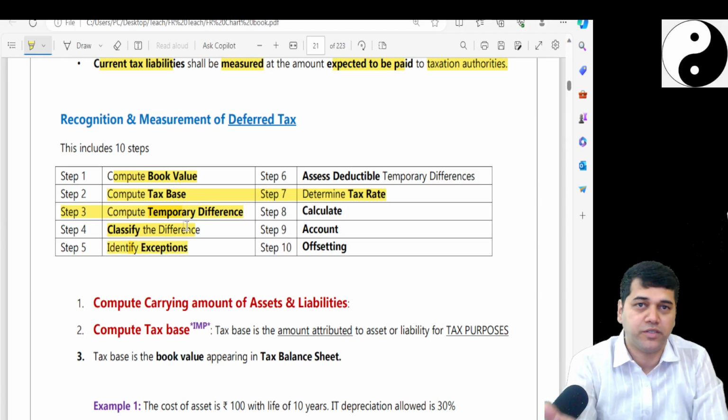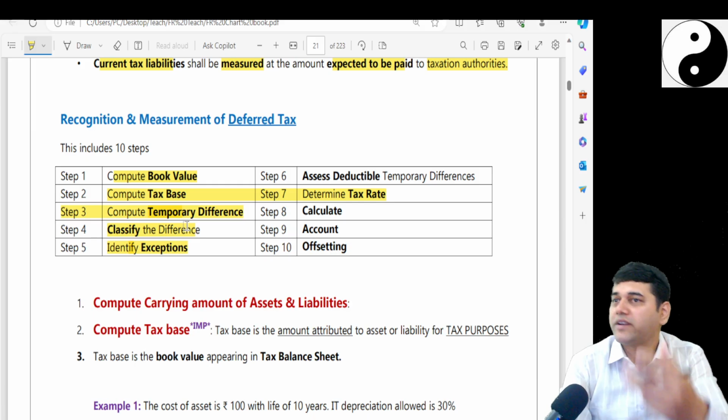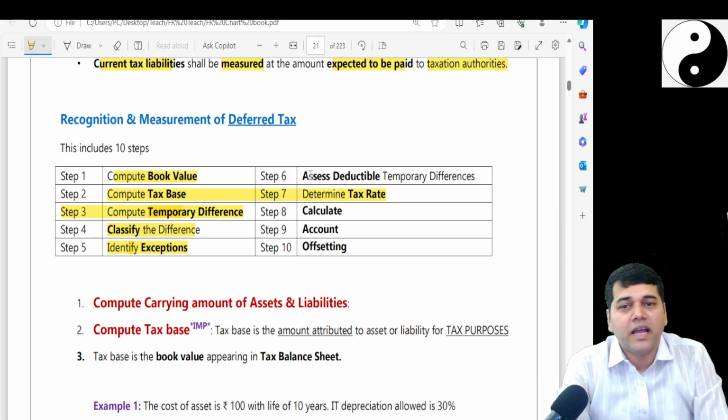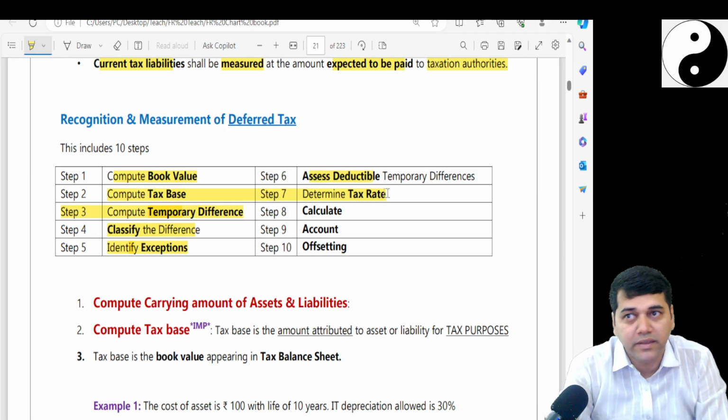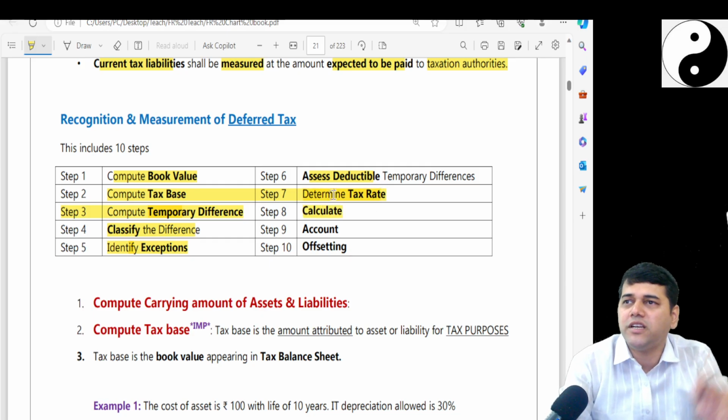Identify certain exceptions, where they have said you should not calculate it. Assess the deductible: if it is a deferred tax asset, then you have to apply 3 conditions there. Determine the tax rate, very simple. Multiply it with the temporary difference. Account for it: pass one accounting entry.